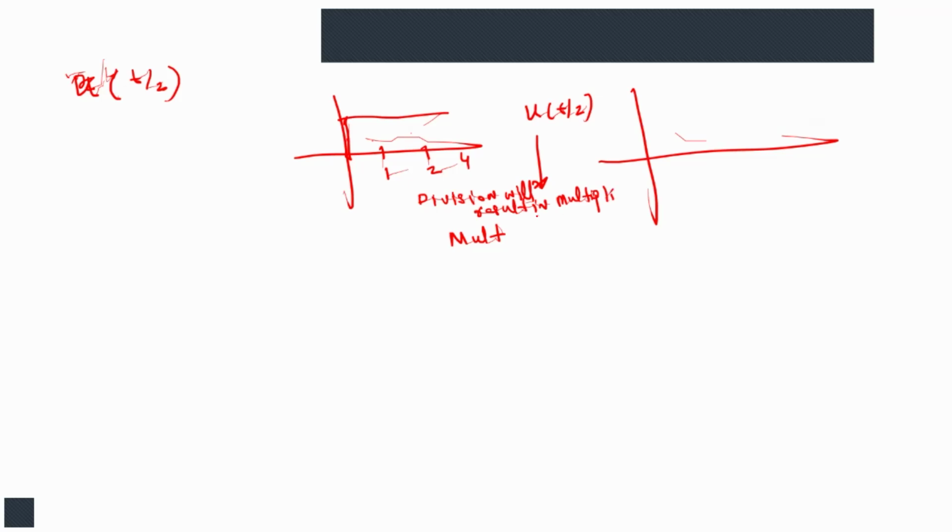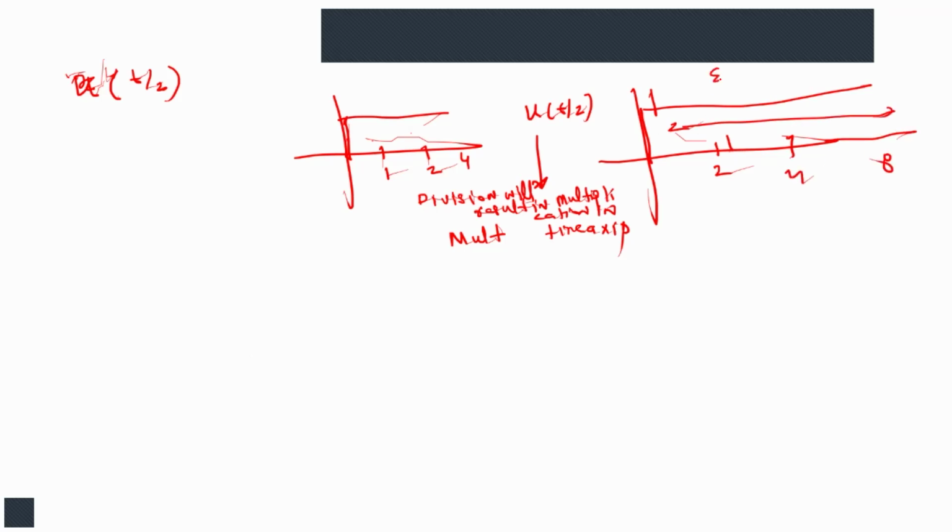So this signal is now going to move from here to here. This value will become 1 into 2, which is 2, then 4 and 8. So you see this signal expanded.